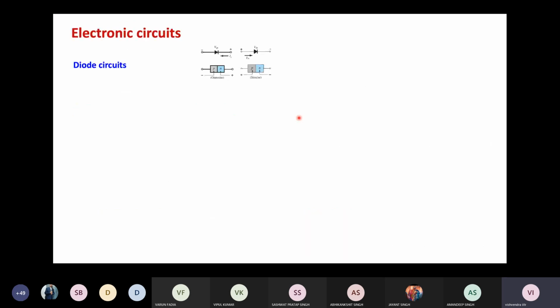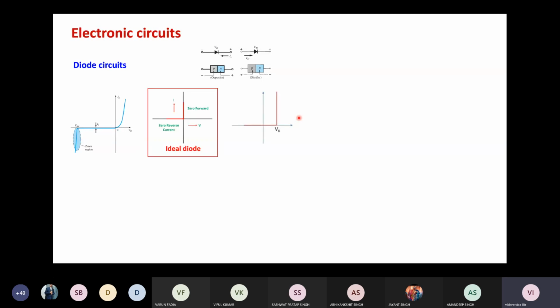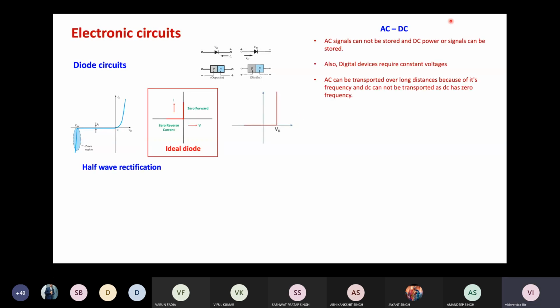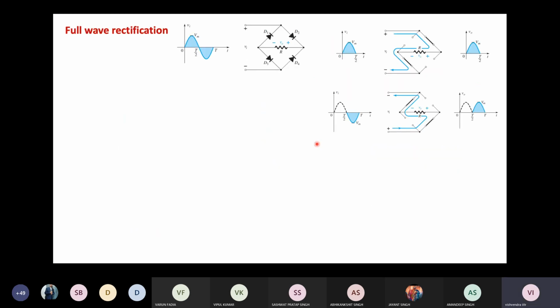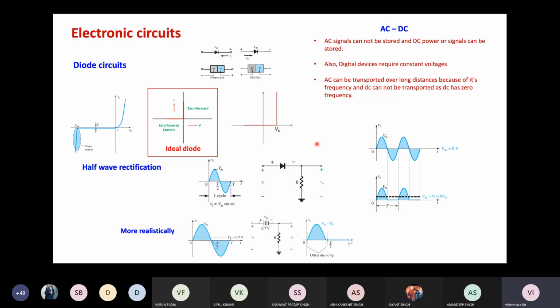Now we also need to discuss electronic circuits, and I would not like to take this discussion in this class because you might already be saturated. Pinch off might have happened. So these are some of the electronic circuits, just to give you a glimpse.